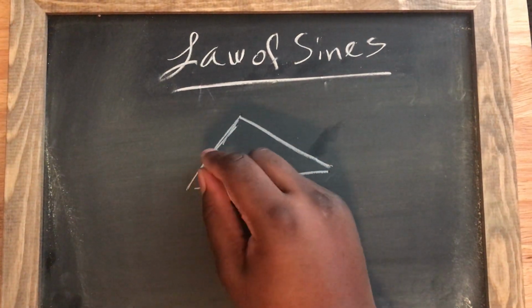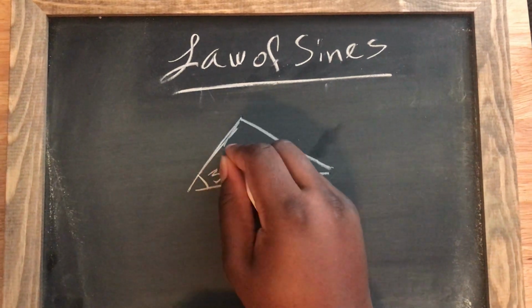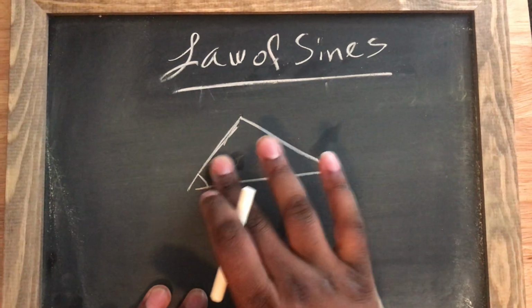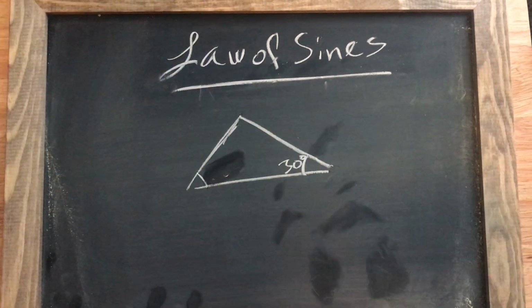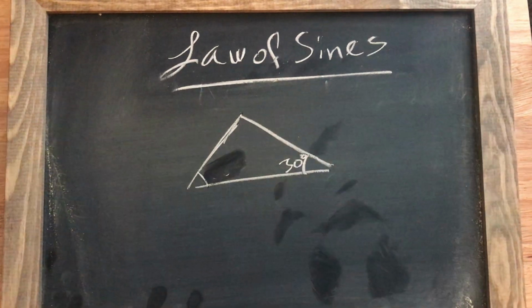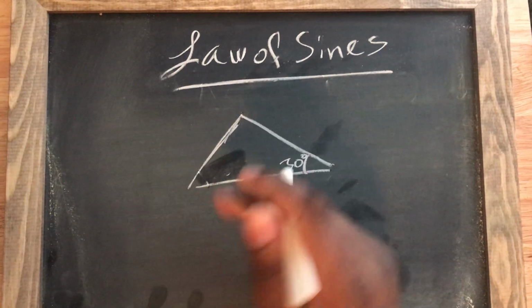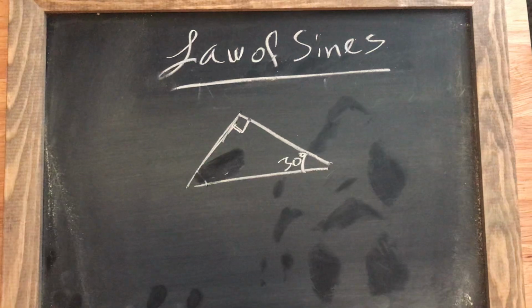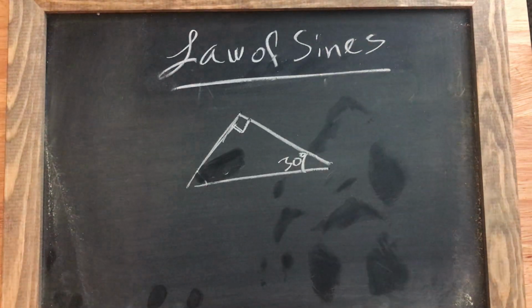But say this is 30 degrees. Actually, the way I've drawn it, this should be 30 degrees. All right, let's say this is 30 degrees, okay? Let's say this is 90 degrees, even though, like I said, this can be used on non-right triangles, I'm just using a right triangle so that things will come out really nice for us.